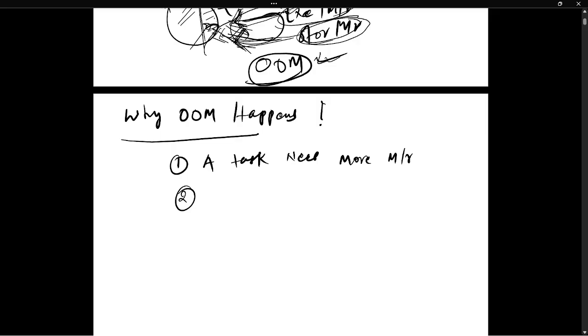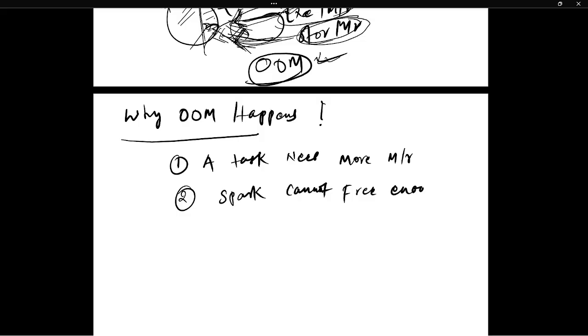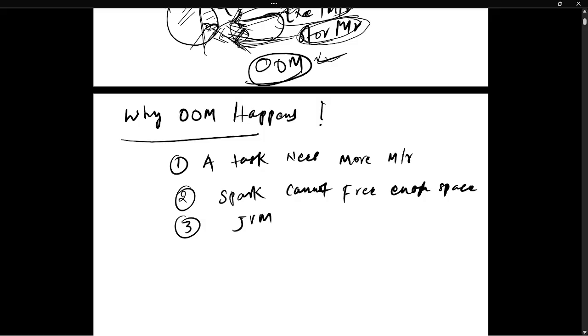The second scenario, Spark cannot free enough space. Third scenario, JVM crash. So these are the three scenarios where out of memory happens. Okay, so let us understand each scenario in detail: a task needs more memory, Spark cannot free enough space, and the third is the JVM.